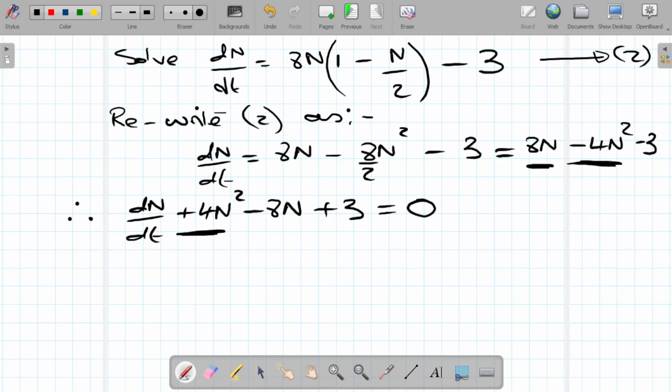I brought the 8n over, so it becomes minus 8n. And I brought the minus 3 over, so it becomes plus 3. And all of that is equal to 0. And we're going to call that equation 3, right?